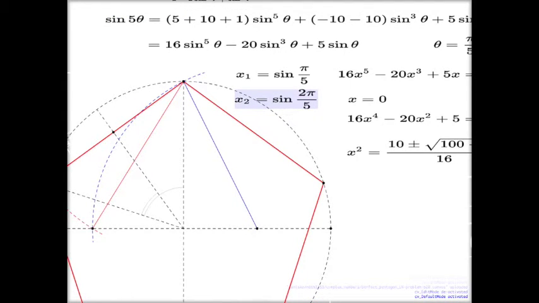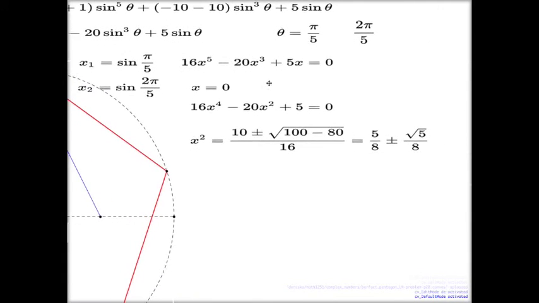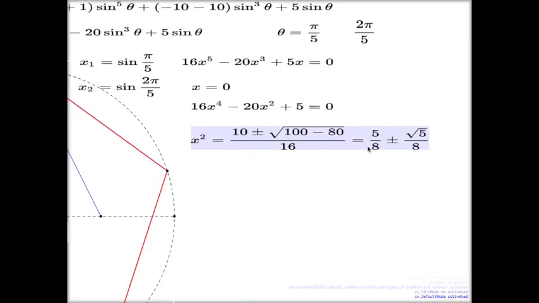Sine of 2 pi on 5. This value must also be the solution to my equation. So one of these values, after you take the square root of that, will be x1. The other value will be x2.